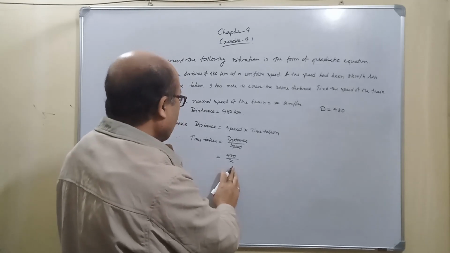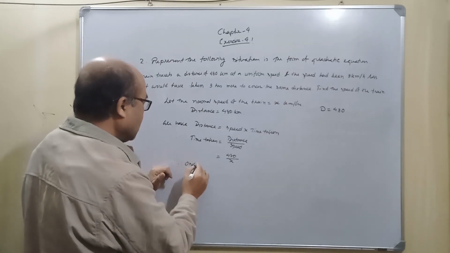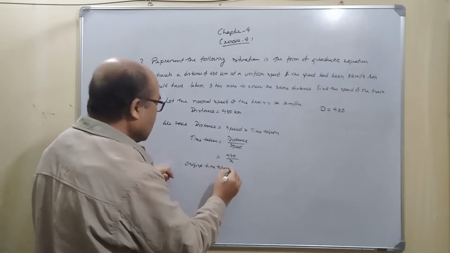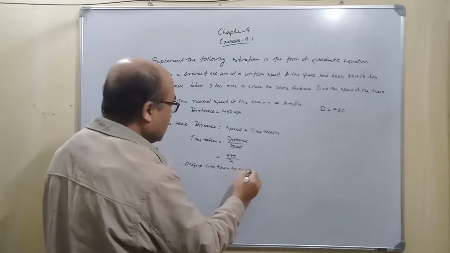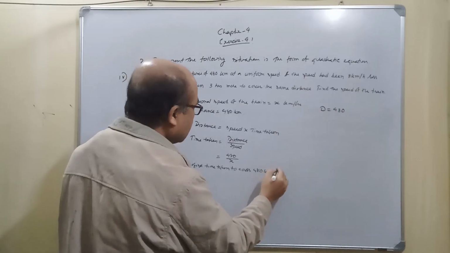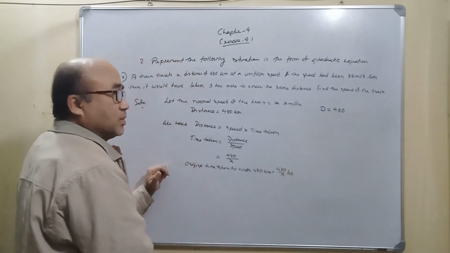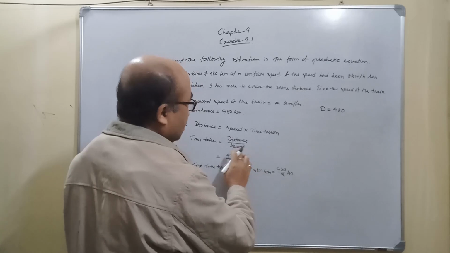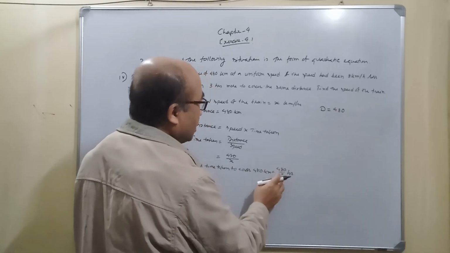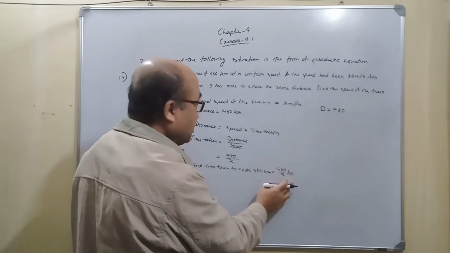Hence, the original time taken to cover 480 km is 480 by x hour. You have to write the unit also. Distance is in kilometer, speed is in kilometer per hour, and time is in hour. So you have to write the unit also. So 480 by x hour, that is the time taken.